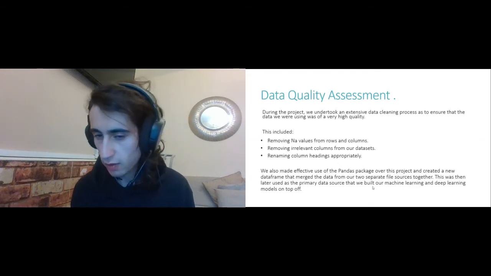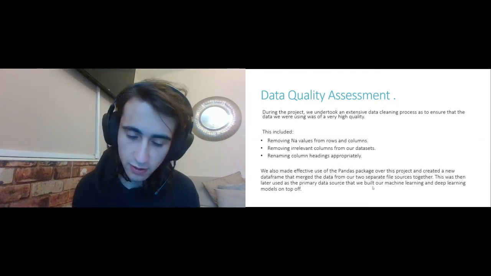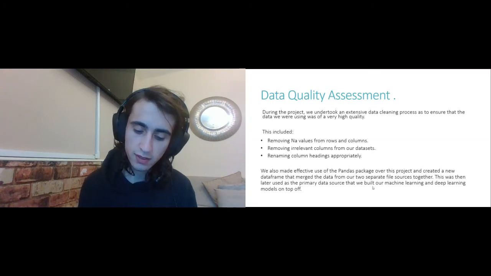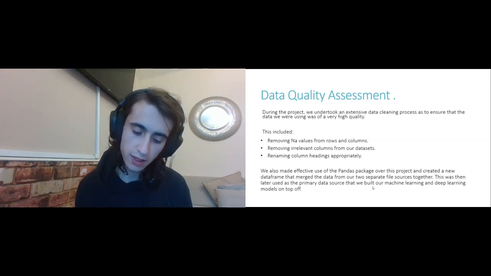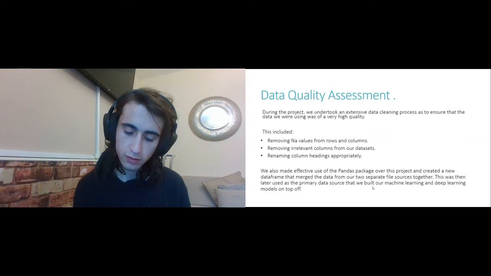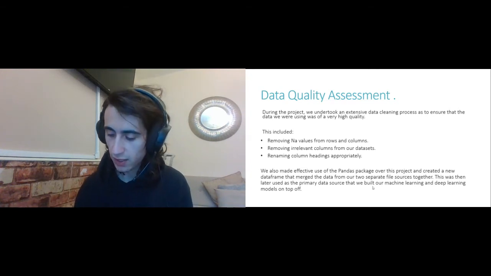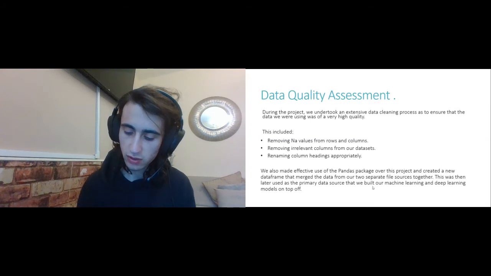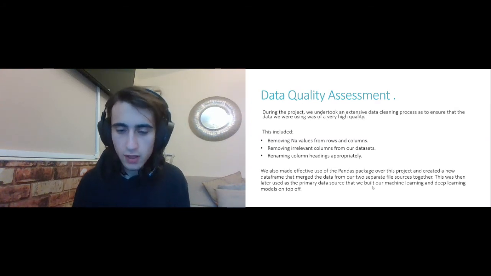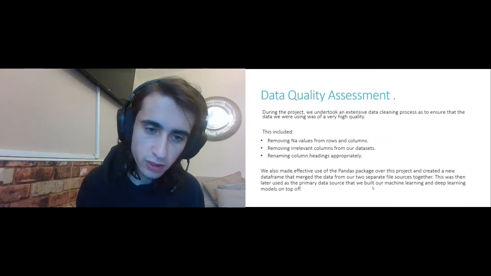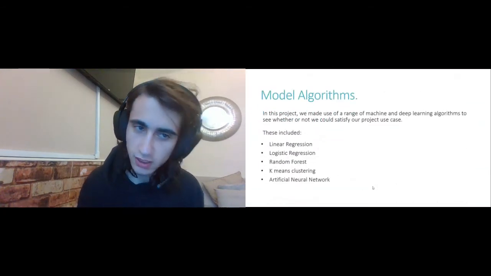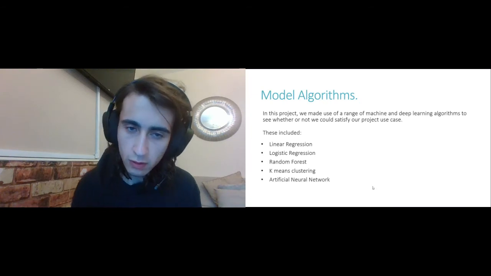This is where we made effective use of pandas to merge our two separate data sets into one. This was over a period of a year, and we had to filter out some of the results from before the pandemic started on one of the data sets. We had to make sure the time periods matched up, because one was in days and one was in weeks. So there was a lot of work that went into this project.